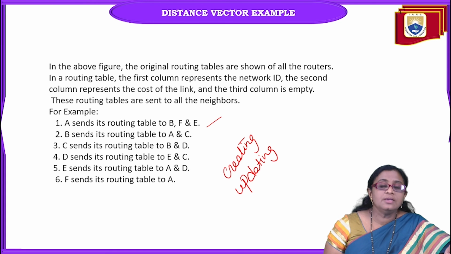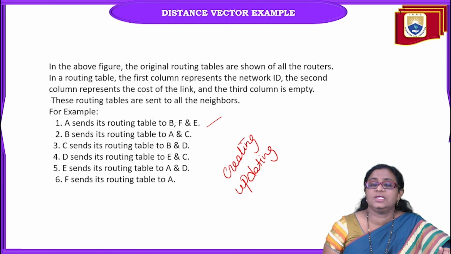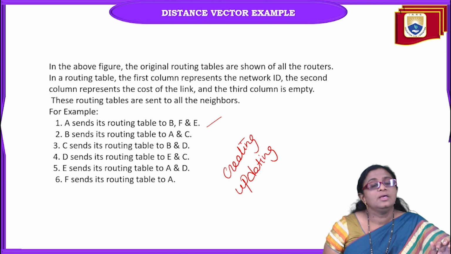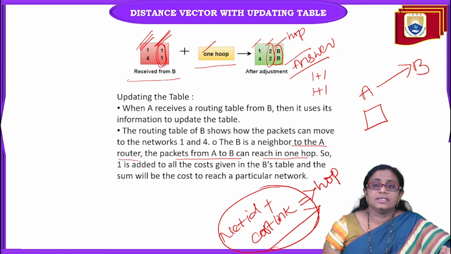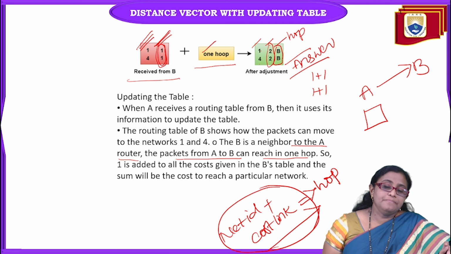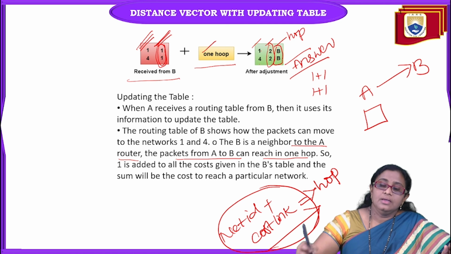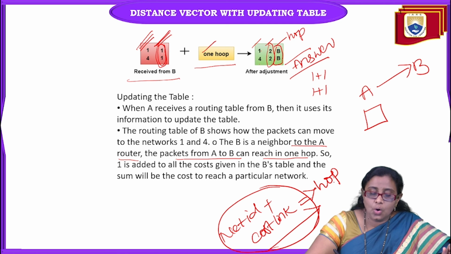Whatever information a router or source holds until it reaches its destination, it can share that information with other neighboring nodes through its connecting links. And after that, the updating table consists of the network ID, the cost, and the hop.